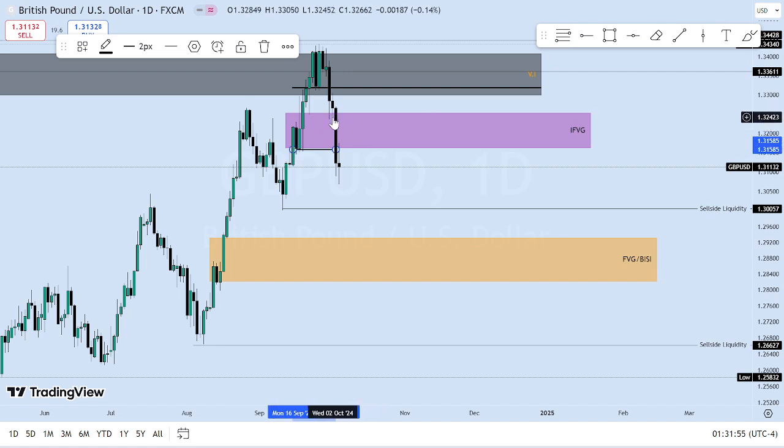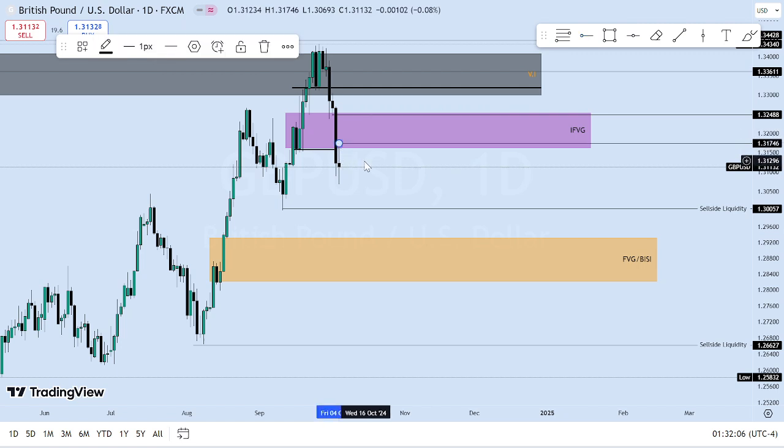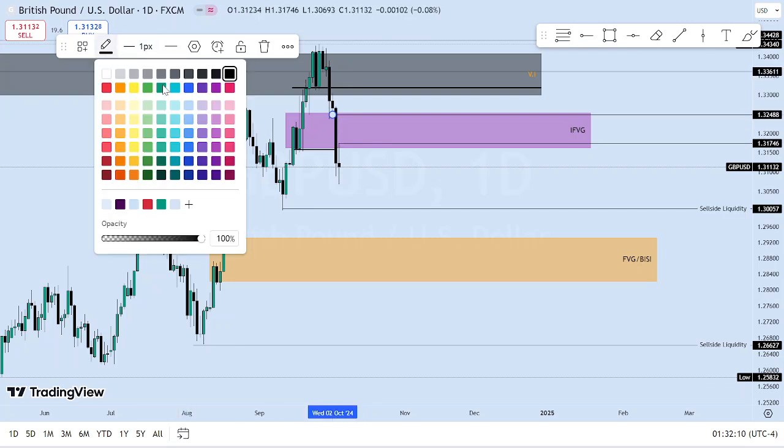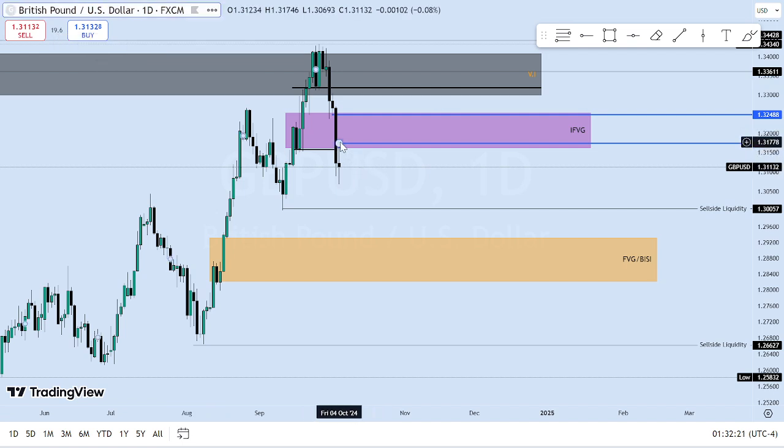Then we created a fair value gap here. This candle here, high, low, and this candle last week, candle high. There's a gap there. Call it fair value gap between this high and this low.